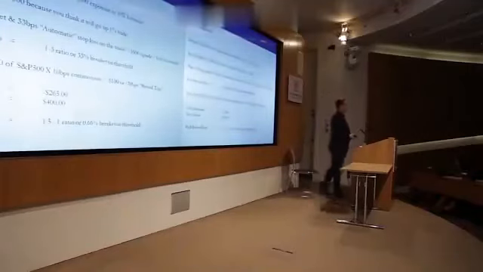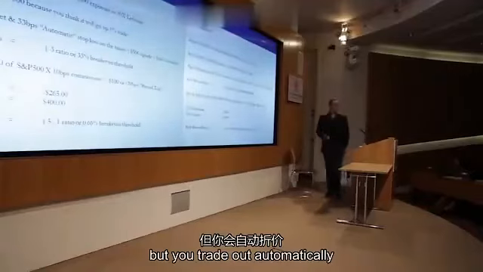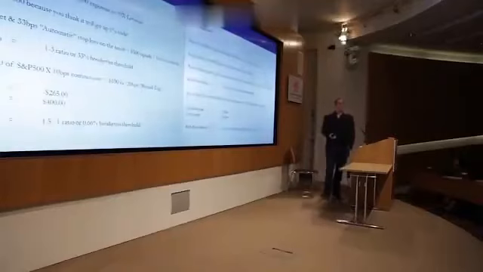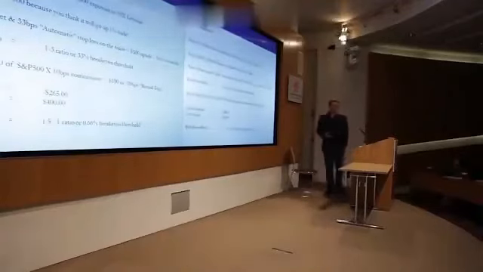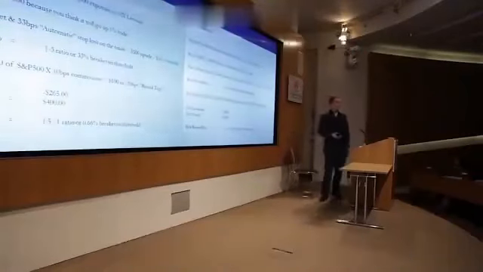So you get stopped out, but you trade out automatically if you make 1%. So you stick a 1-to-3 ratio on it, and everyone is told this is a great way to manage risk.